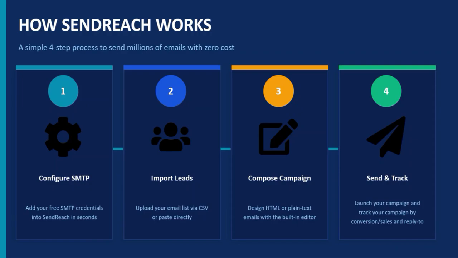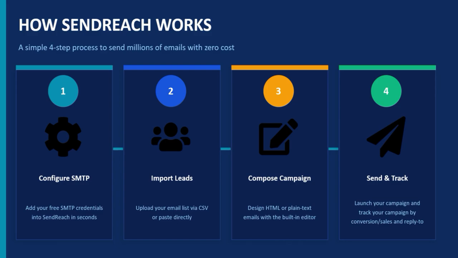How SendReach Sender works: a simple 4-step process to send millions of emails with zero cost. Step 1, like I said earlier, I'm going to teach you how to create a free SMTP and how you can create unlimited free SMTPs to send up to millions of emails.